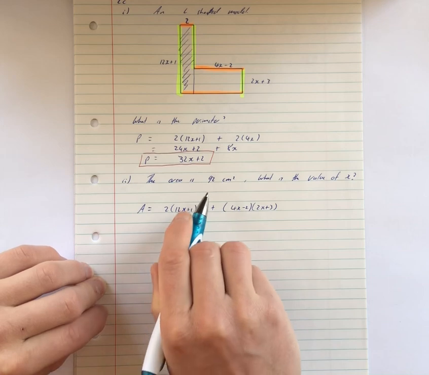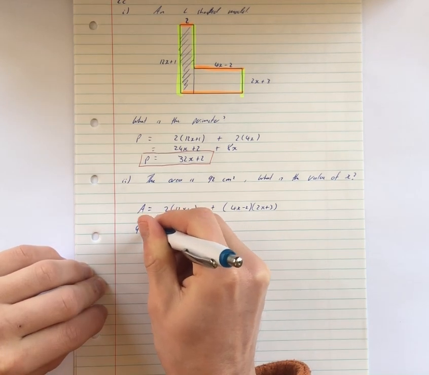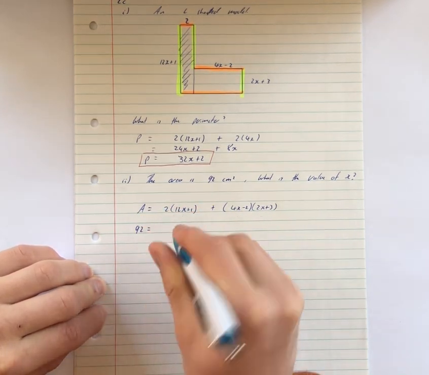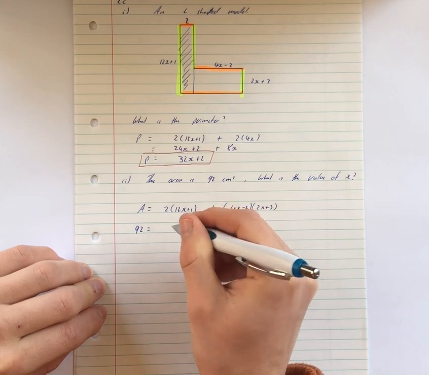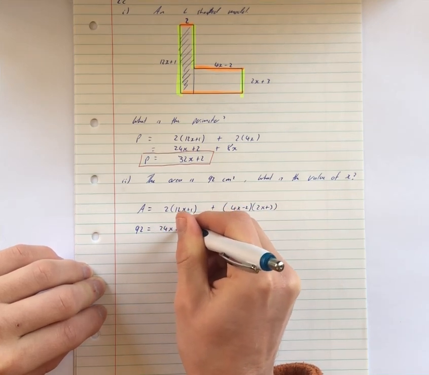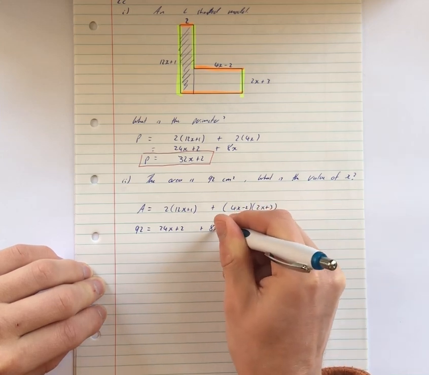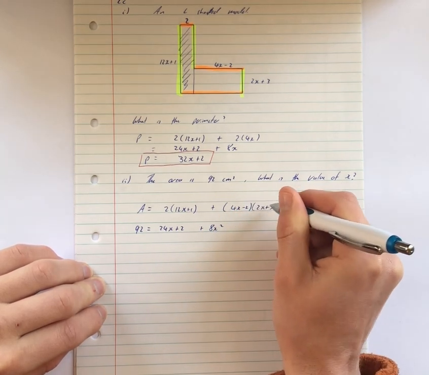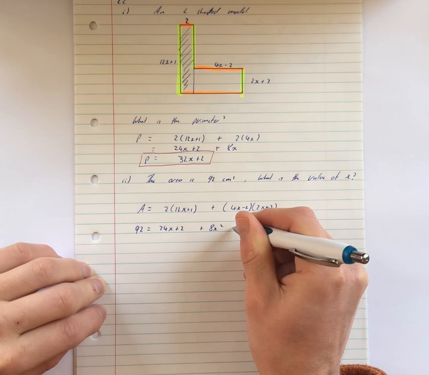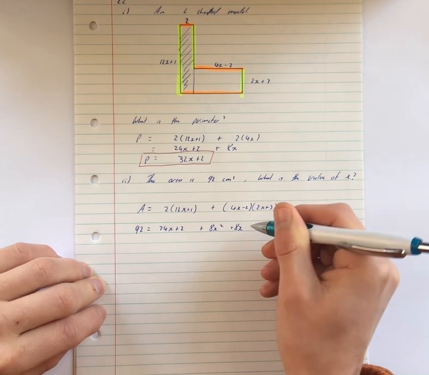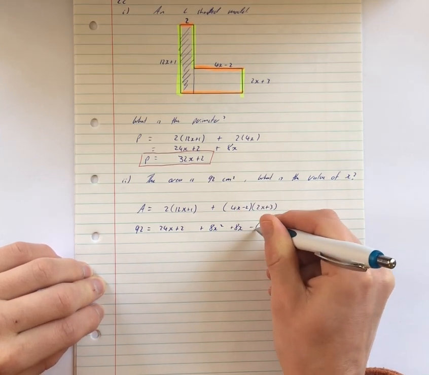So 92 must be equal to 24x plus 2, by expanding, plus we've got 8x squared minus 4x plus 12x plus 8x minus 6.